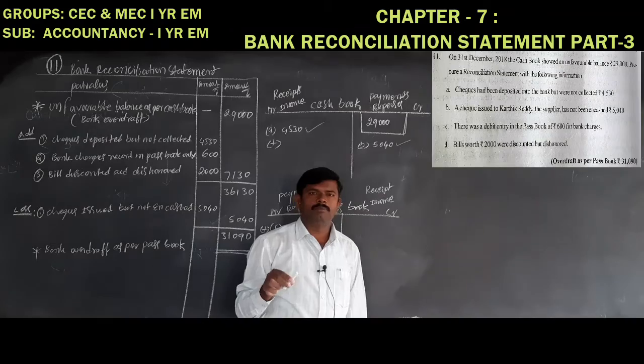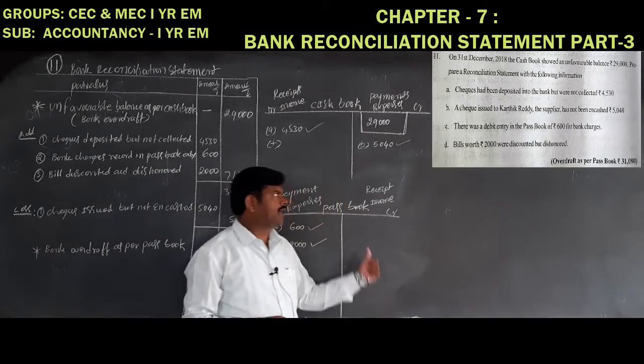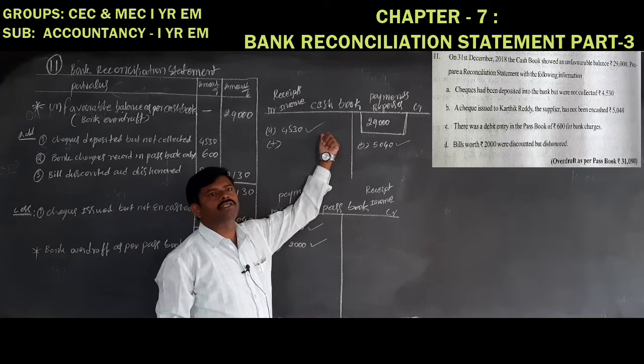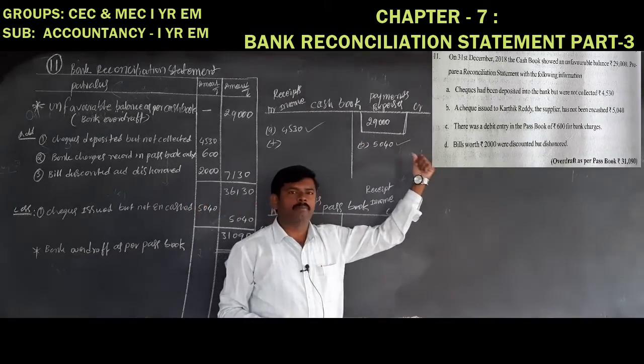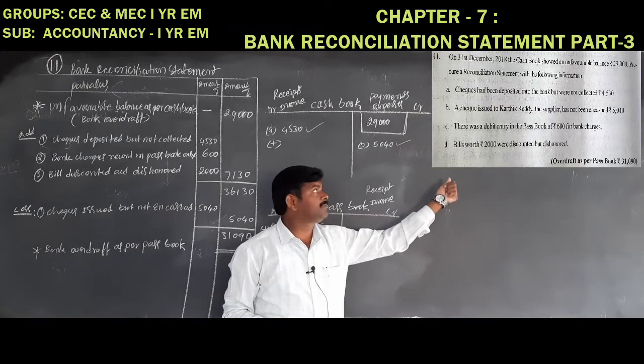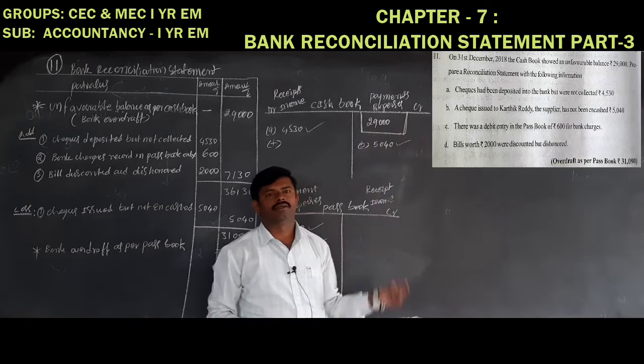In the problem, if they give the balance as per the cash book, the starting point will be on the debit side. An unfavorable balance or bank overdraft as per the cash book shows the starting point on the credit side. Remember one thing.